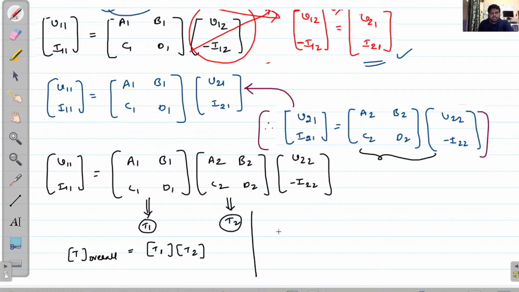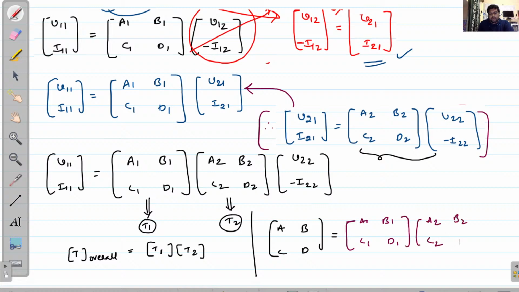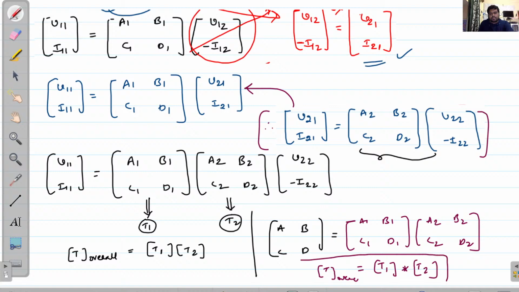That means the ABCD matrix equals A1 B1 C1 D1 multiplied with A2 B2 C2 D2. So the T1 matrix multiplied with T2 is the T overall. This is the conclusion.